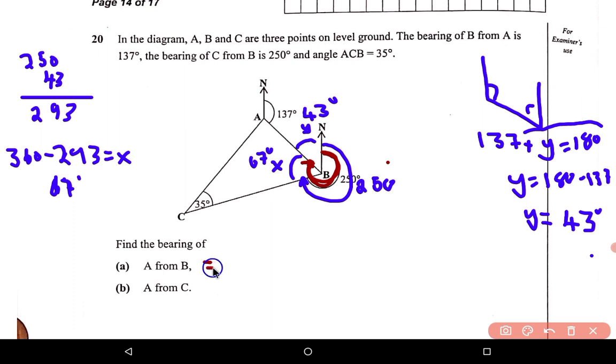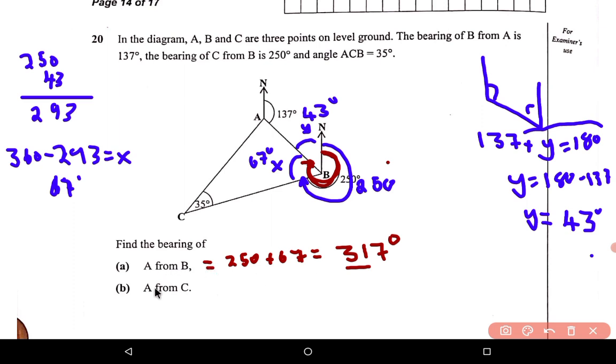So here it's going to be 250 plus 67, that will give us 317. Okay, so that is all for this one.